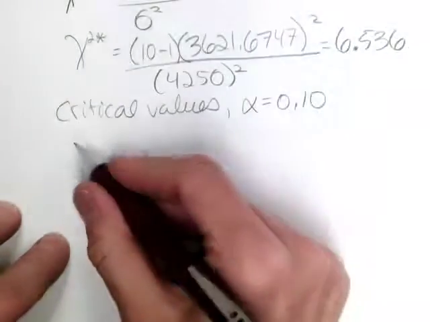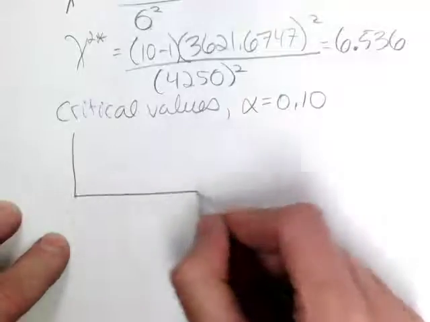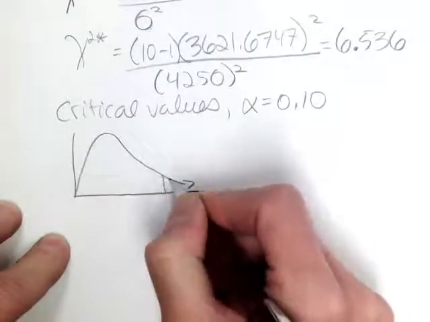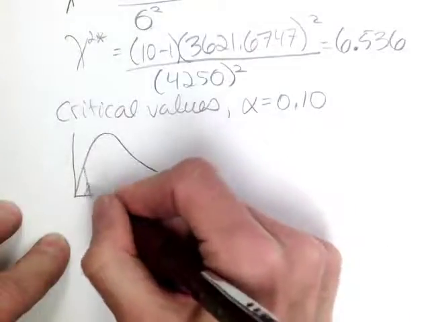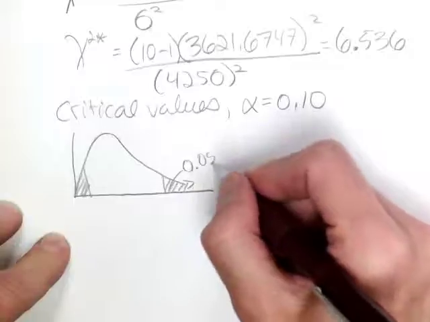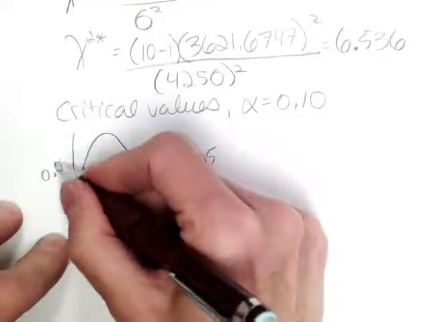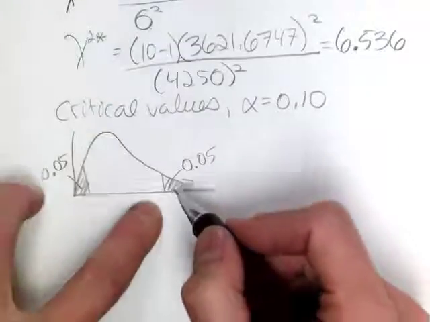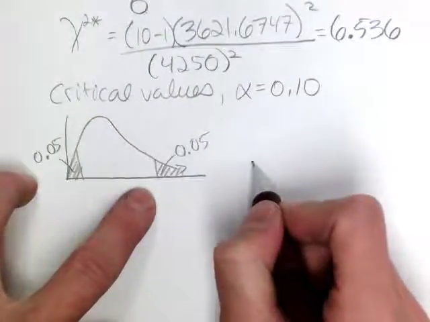So I want to sketch a skewed right distribution, and I'm going to be finding 2 critical values. Okay, and because I divide alpha in half, I'm going to have 0.05 amount of area in each tail. Okay, so remember the chi-square table reads from the critical value to positive infinity.